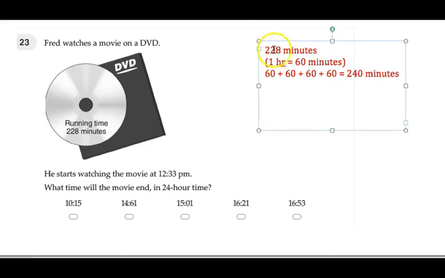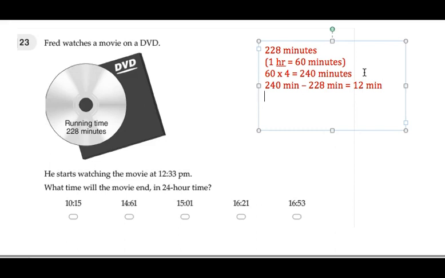We can see that 228 minutes is almost 240 minutes, so 240 minutes is 60 times 4, which is 4 hours, but the movie is a little bit shorter than 4 hours. You can work out how many minutes short: 240 minutes take away 228 minutes is 12 minutes short.